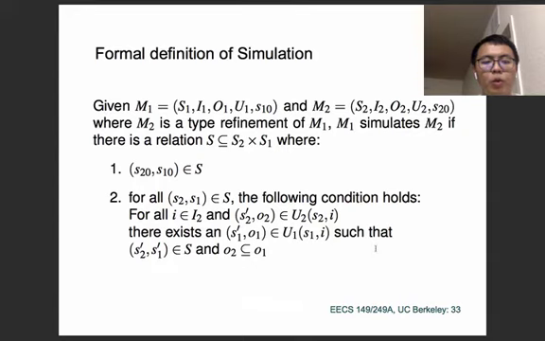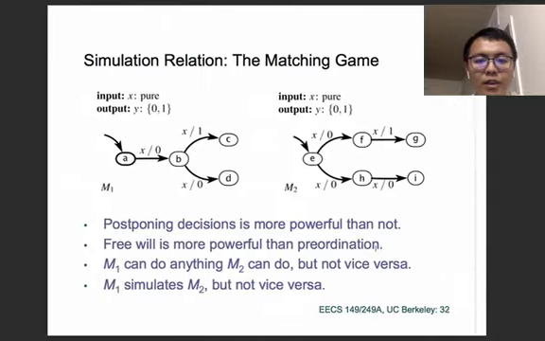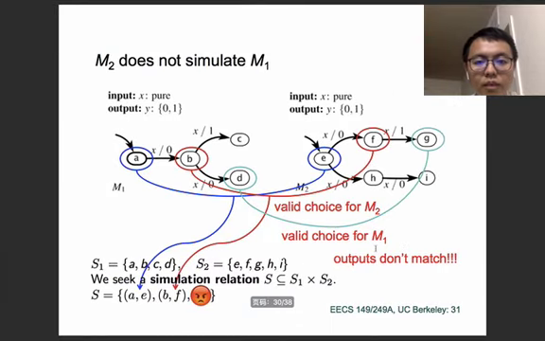Here is a formal definition of the simulation. I won't go into the detail, but you can read these terms and formulations, because I believe the example is very clear.